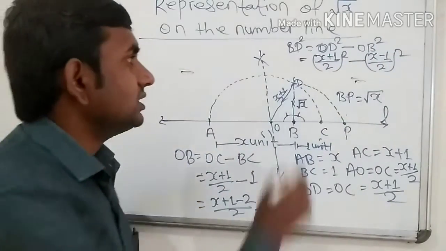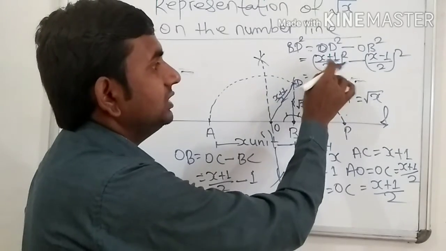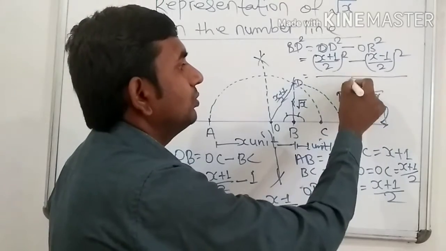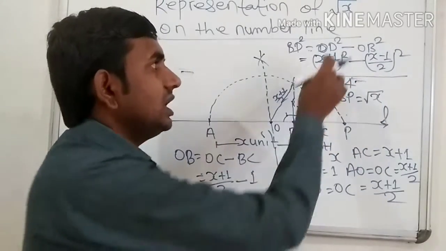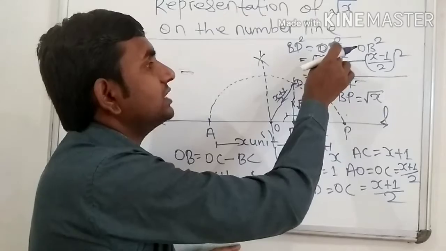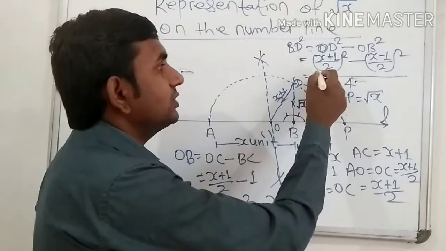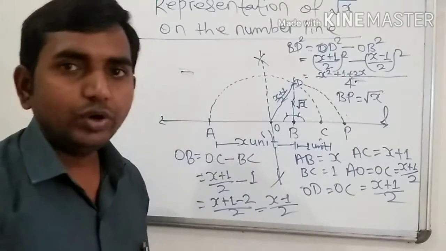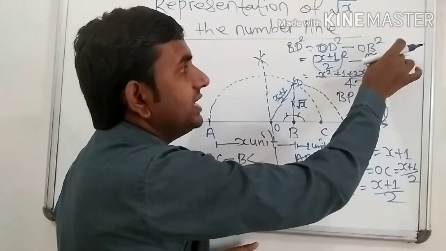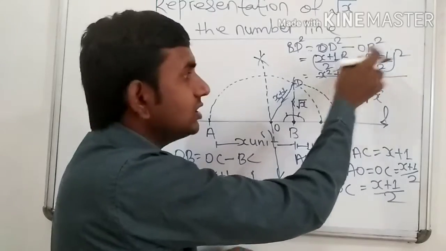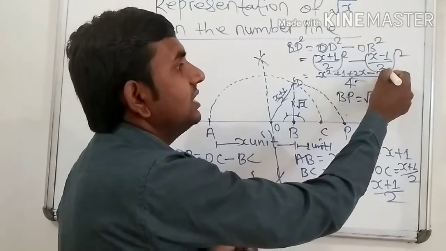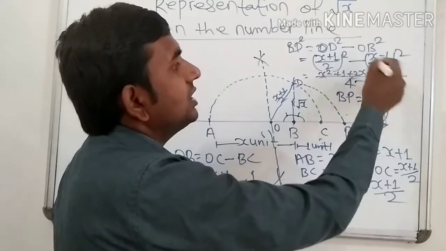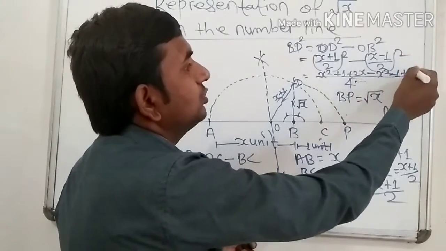After solving it, we find that the denominator is 4, and it's also 4 after squaring. So it becomes 4 as a denominator. (x plus 1) whole square becomes x square plus 1 plus 2x. And (x minus 1) square with the minus sign gives minus x square, minus 1, and plus 2x.